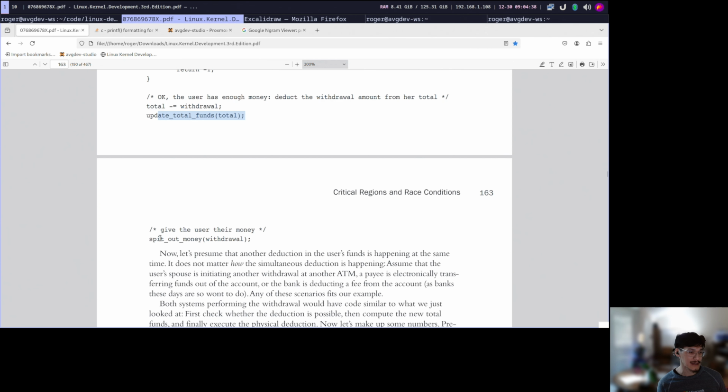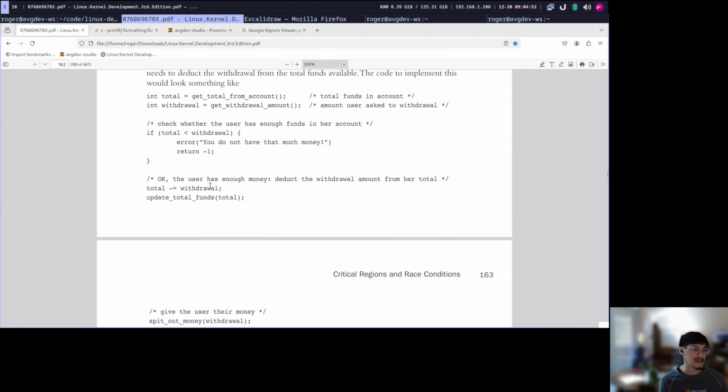And then spit out money, give the user their money. This is probably some helper again, like not only just to give the money, but to kind of update everything else in the entire system. So yeah.